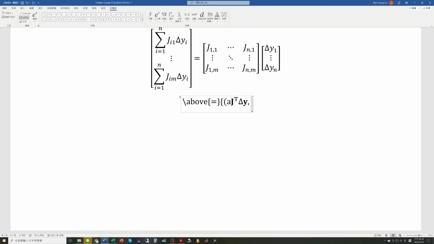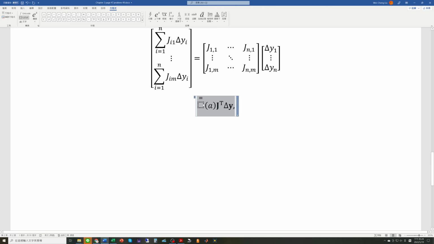So let us call this equality A. Not this. A should be above. And here should be the equality sign, and A should be non-italic. Good.